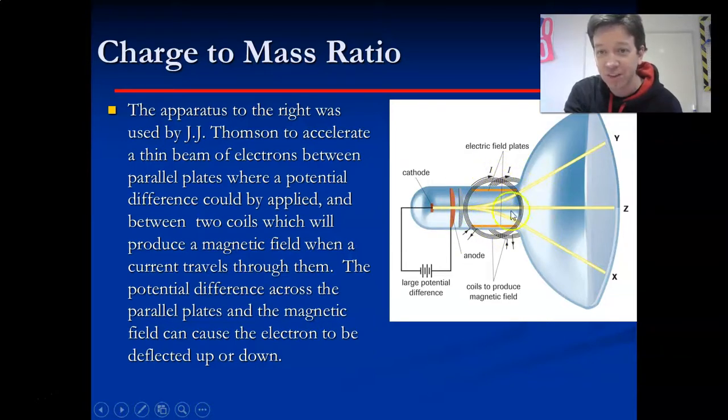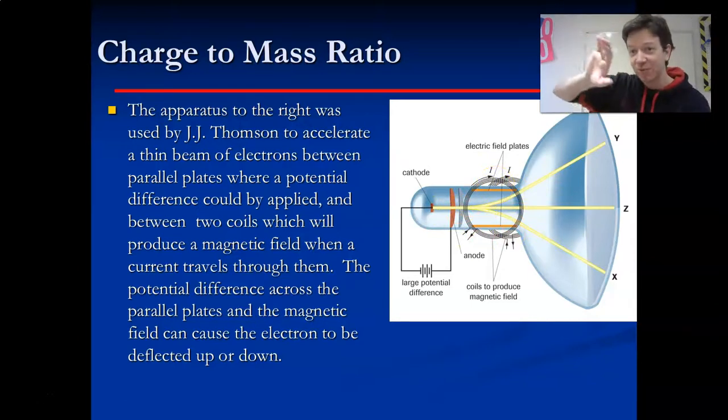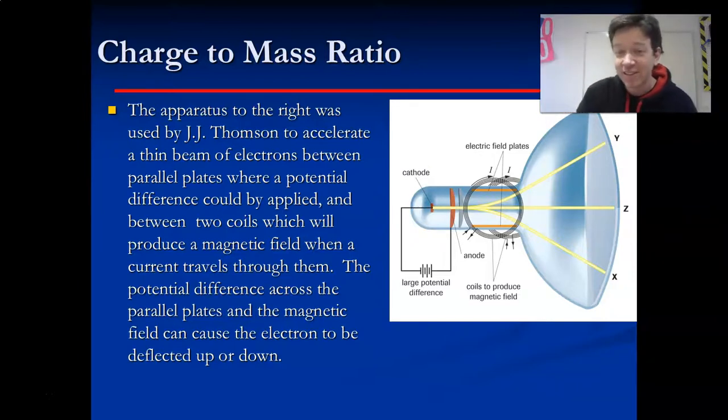coils. Now these coils, you have a current going through them. Because we have a current going through them, they're going to produce a magnetic field. In what direction? You have to remember this right-hand rule. So take your right hand, because this is conventional current, and curl it in the direction that the current's going. And then your finger will point into the screen. That's the direction of the magnetic field.